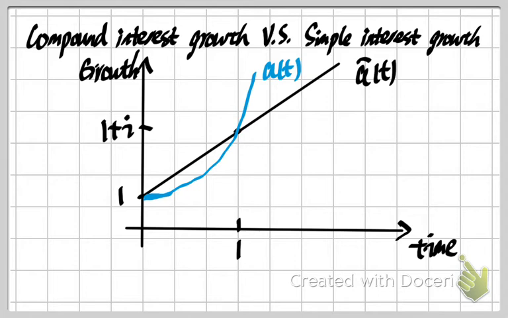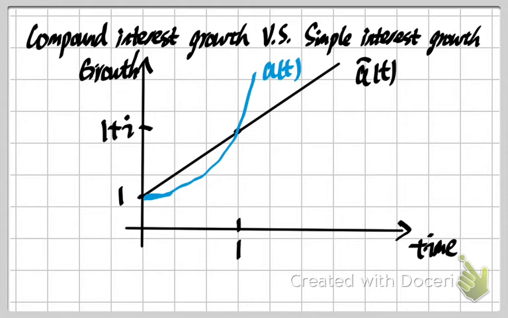Assume both investments start from $1, and we can see after one unit of time, no matter whether it is 1 year or 1 month, for both the simple interest rate and the compound interest rate, the value increases to 1 plus I dollars. Here I is just the value of our interest rate.